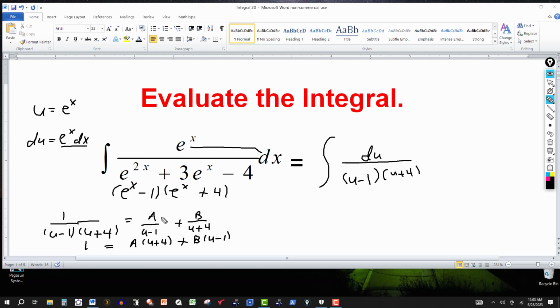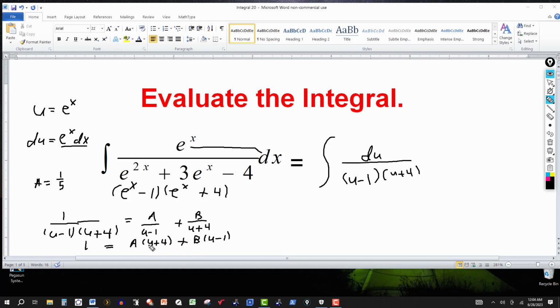And they're very similar to some of the other ones we've done. We can pick values for u and eliminate one of the constants. For example, if I replace the u by 1, the B cancels, and I get A times 5 is equal to 1, so A is 1/5.